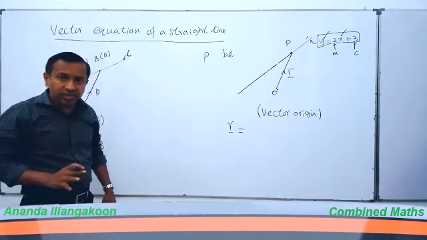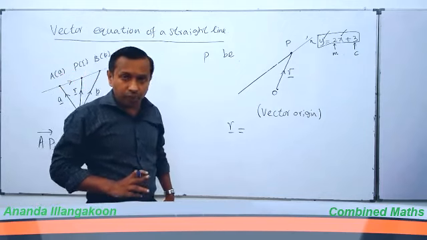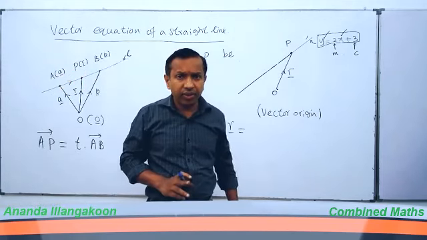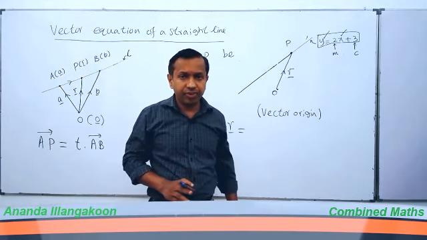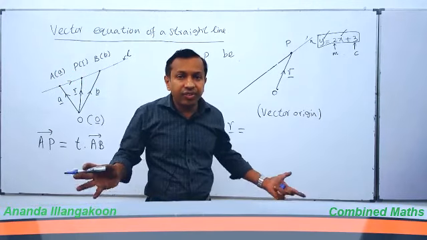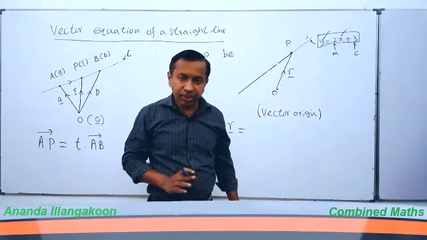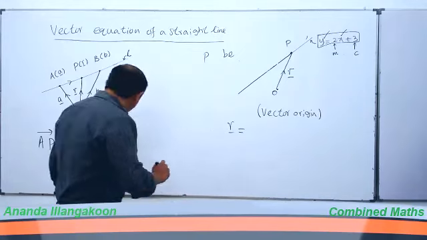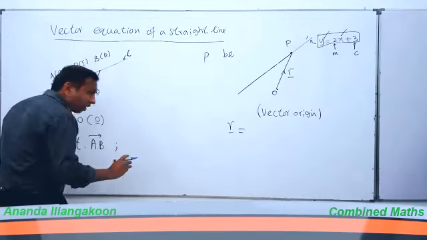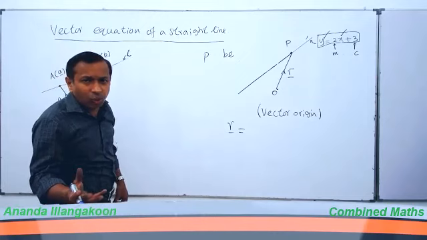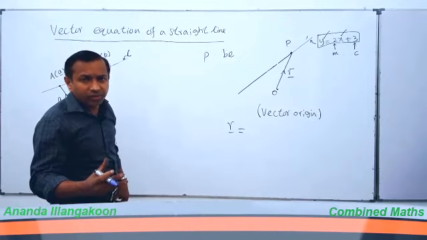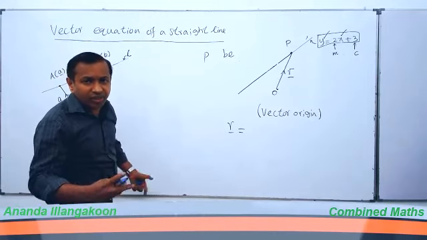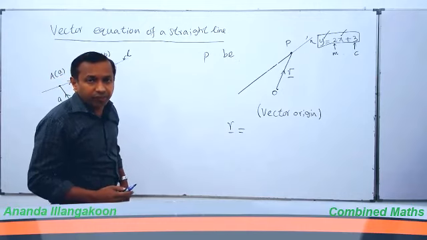What is this t? T is a scalar. It is called a parameter now. Why? It can change, taking different real numbers. Right. Where t is a parameter. Parameter means simply you can understand it as a variable that can take different real numbers and it varies taking them. Right.